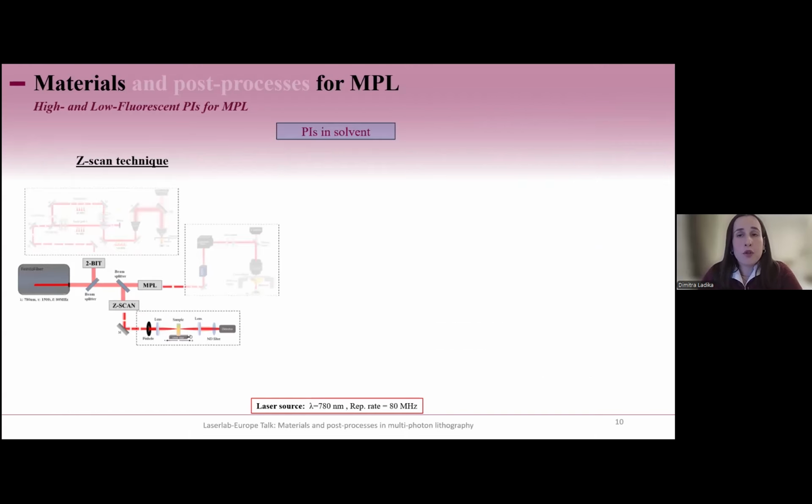However, we also did it the standard way. We used the Z-scan technique to study the nonlinear optical characteristics of PIs in a solvent, which is a standard tool used for the NLO response of materials. As you can see, we started with open aperture measurements in order to determine the 2-photon absorption cross-sections.